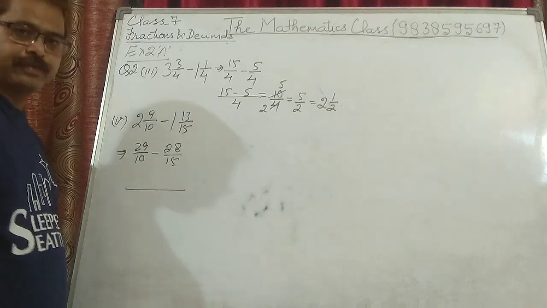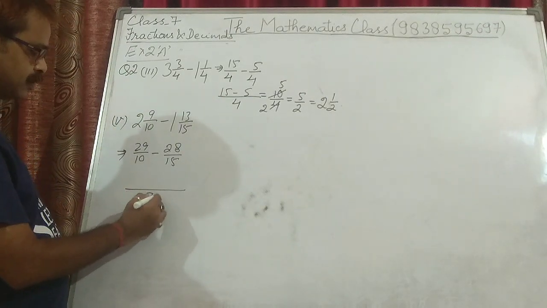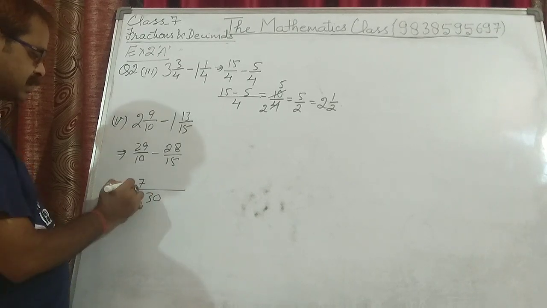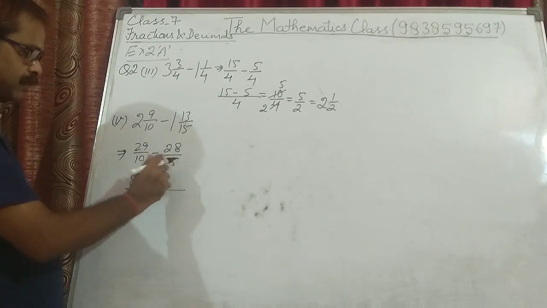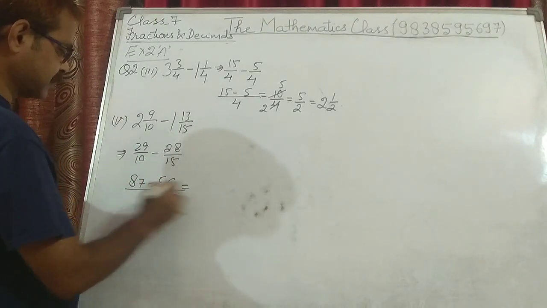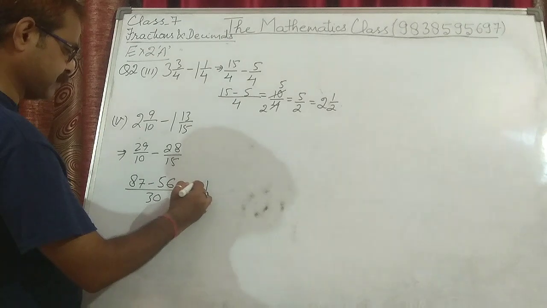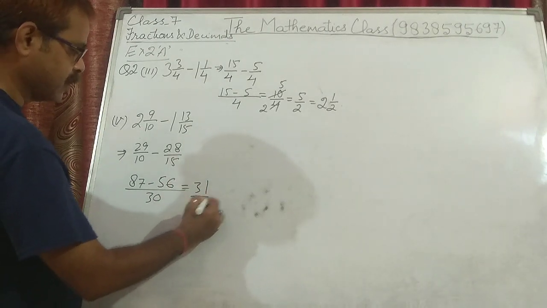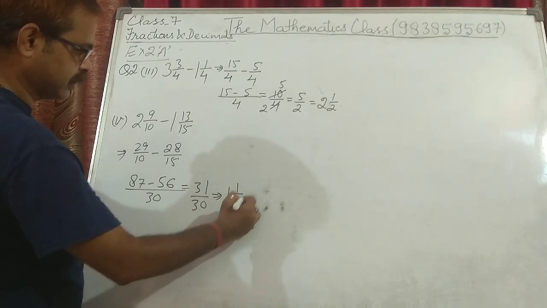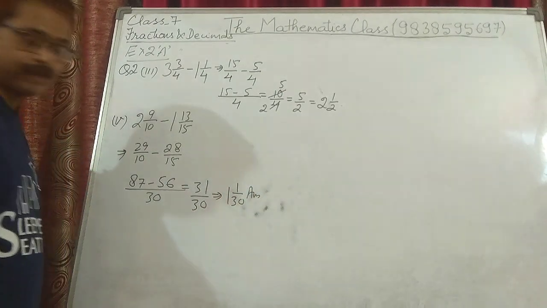LCM of 10 and 15 will be 30. So 29 times 3 is 87 minus 28 times 2 is 56. So 87 minus 56 is 31 upon 30, or this can be written as 1 whole 1 upon 30. That is the final value.